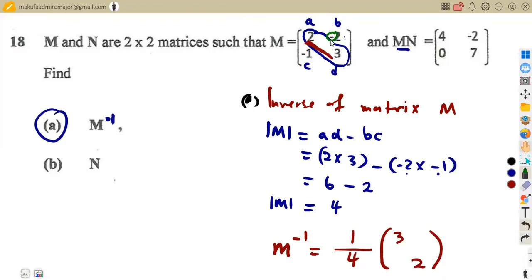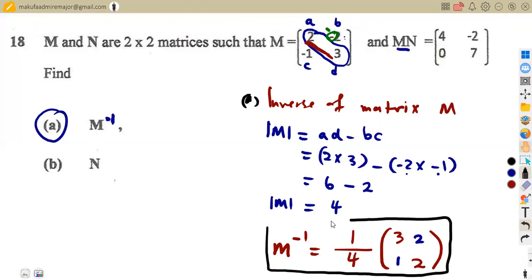Negative times negative gives us +2. Here there's a negative; negative times negative gives us +1. So that remains as our inverse. In the inverse, you interchange the numbers in the major diagonal and multiply the minor ones by a negative.